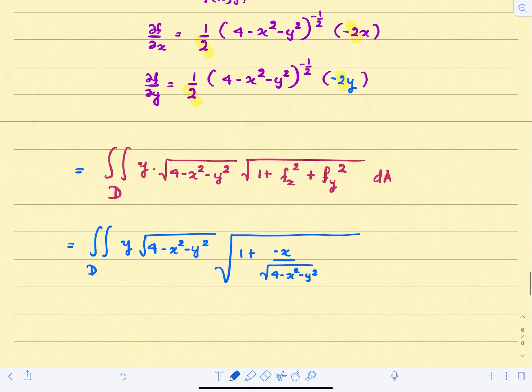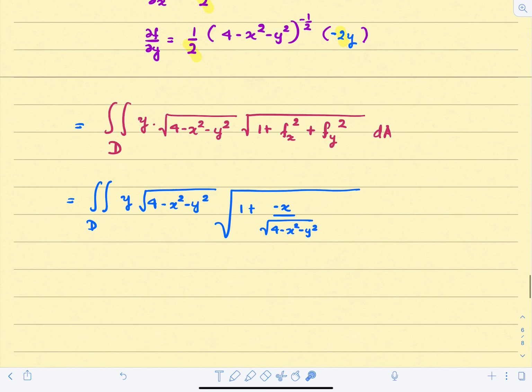Since this is a negative power, we can take it to the denominator with the positive power. We should square this quantity plus negative y over square root of 4 minus x squared minus y squared to the power 2, times dA.